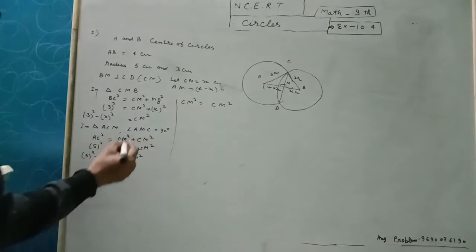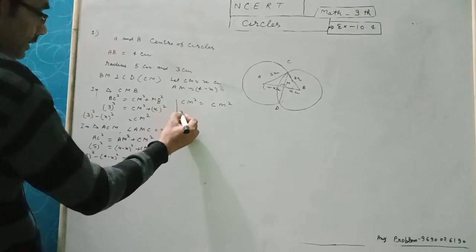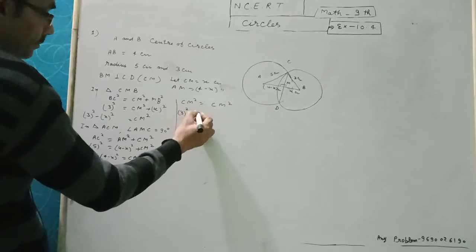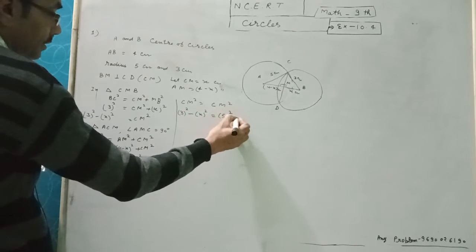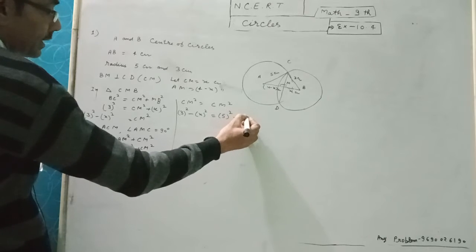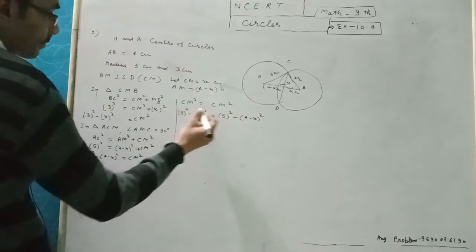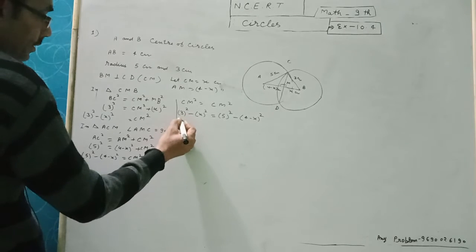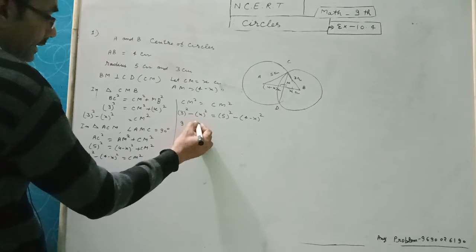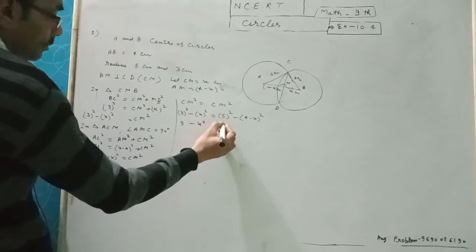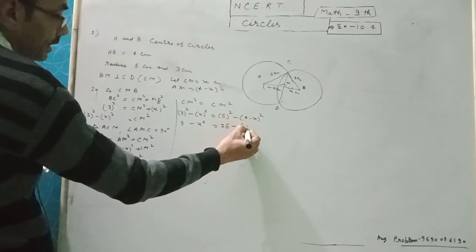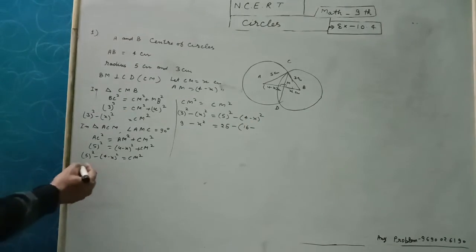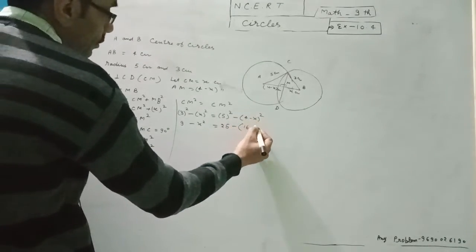Then put the value. 3 square minus x square is equal to 5 square minus (4 minus x) square. 9 minus x square is equal to 25 minus (4 minus x) whole square.